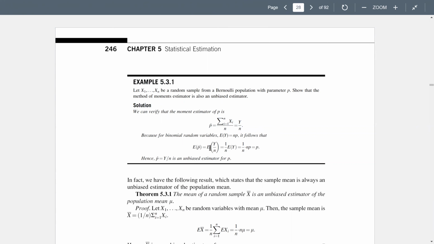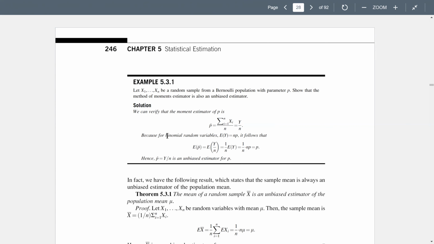So the expected value of p hat equals the expected value of y over n, and you take out the n because n is a constant. We will get that because the expected value of y is np. Why? Because Bernoulli is a special case of binomial, when binomial has n equal to 1. And when you put n Bernoulli together, you make it a binomial.